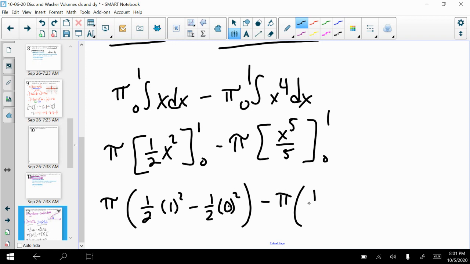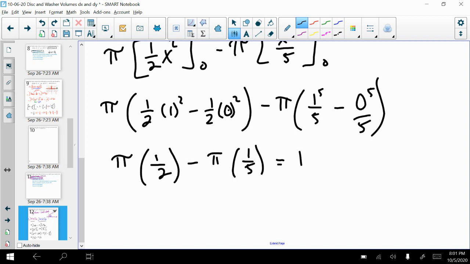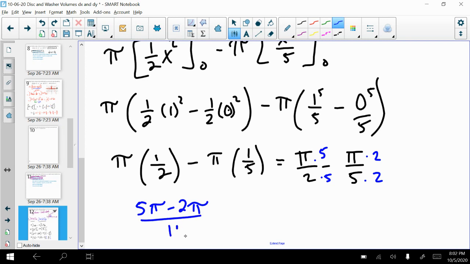Minus pi, and then we get 1/5 minus 0 to the 5th over 5, which gives us pi 1/2 minus pi times the 5th, which is pi over 2 minus pi over 5, which we should really probably get a common denominator for by multiplying this one by 5, this one by 2, so that we get 5 pi minus 2 pi over 10, which we can simplify to be 3 pi over 10. Okay.